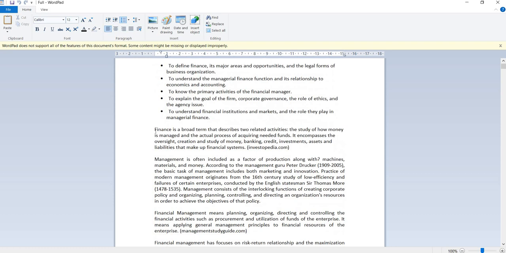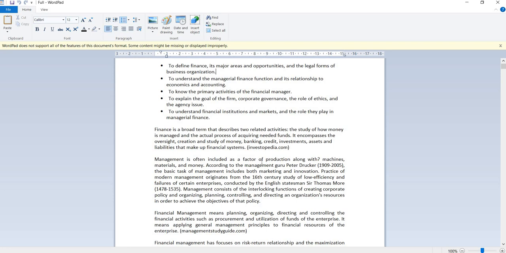So first, let's define what is finance. Finance is a broad term that describes two related activities: the study of how money is managed and the actual process of acquiring needed funds.